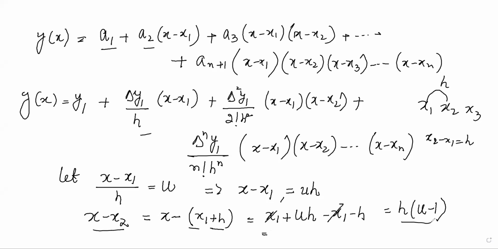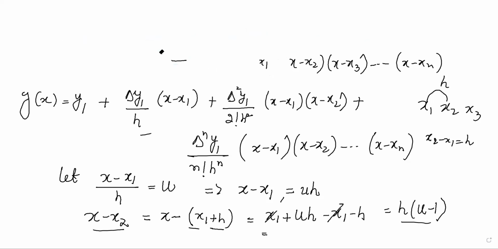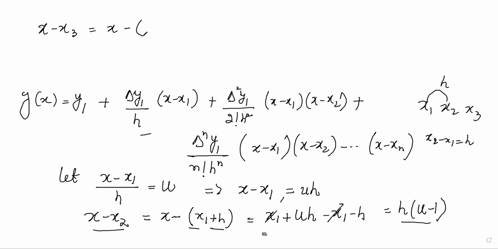In the same way, let's talk about x minus x3. Okay, let me write it here. x minus x3 I have to write now. I can write x minus x3 is equal to x minus x3, and x3 can be written as x2 plus h, because x3 minus x2 is equal to h.